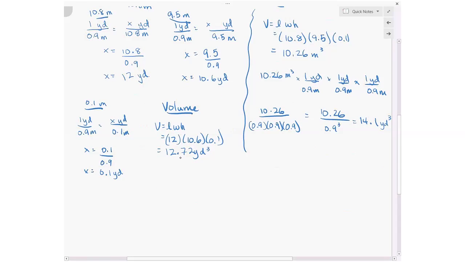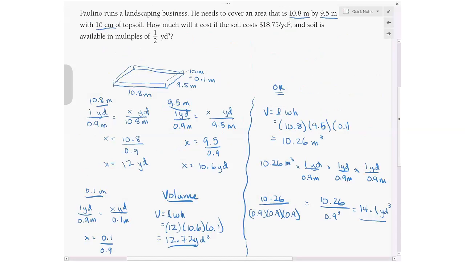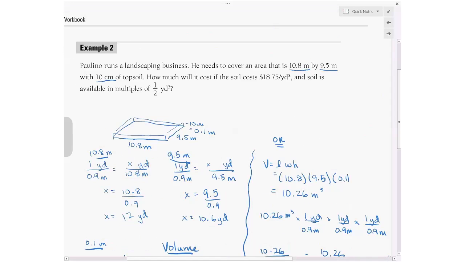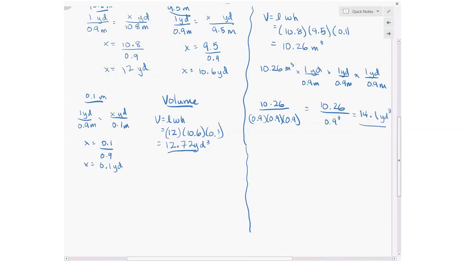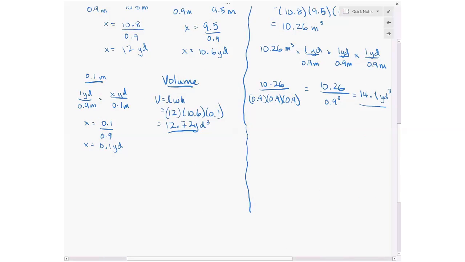So here we've got this in yards, here we've got this in yards. So now our cost is $18.75 per cubic yard, and we can buy multiples of half yards. Well, here, in this case, we would need 13 cubic yards because 12.5 wouldn't be enough. So we know it's $18.75 for 1 cubic yard.